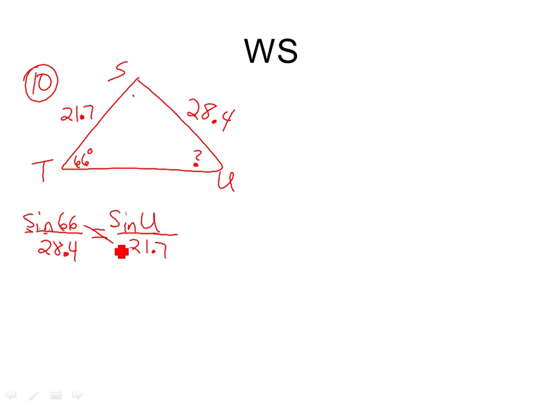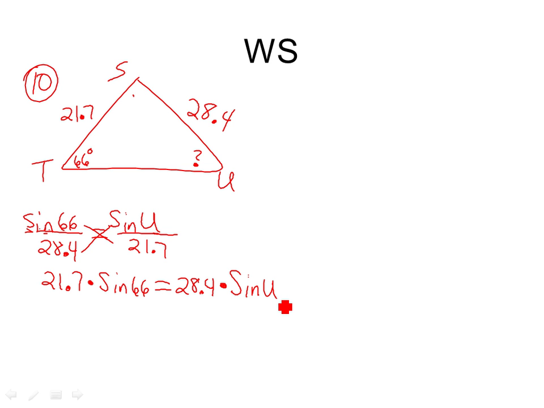Cross multiply, you get 21.7 times sine of 66 equals, multiply the other way, you get 28.4 times sine of U.